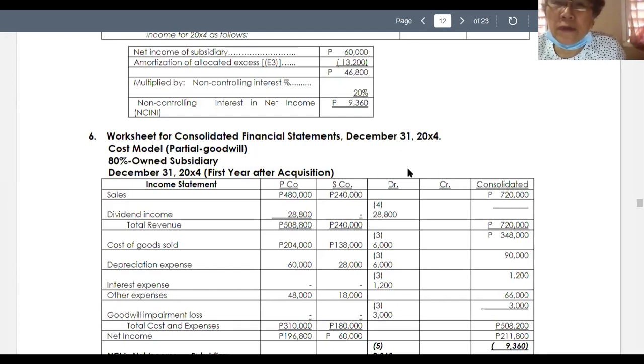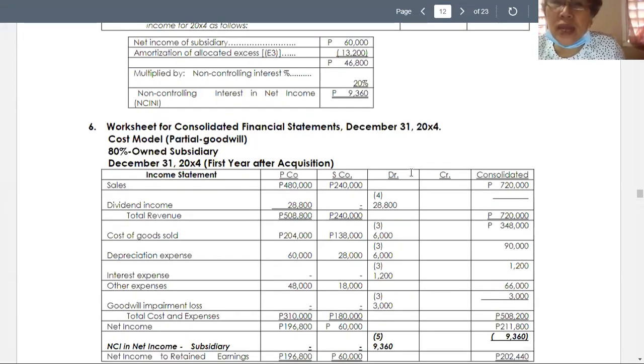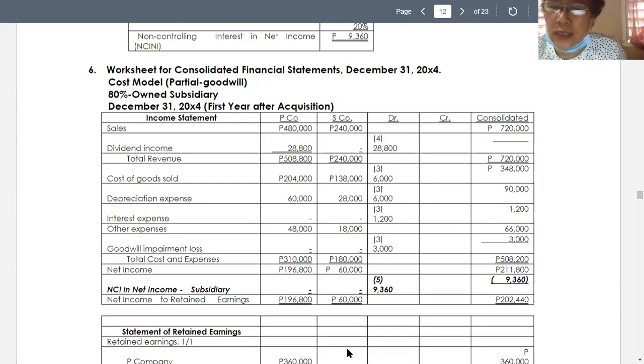Now, you are familiar with these figures already because I have given them to you in the previous. So 211,800, we deduct 9,360, we have your last amount of 202,440. That's your net income to retained earnings.